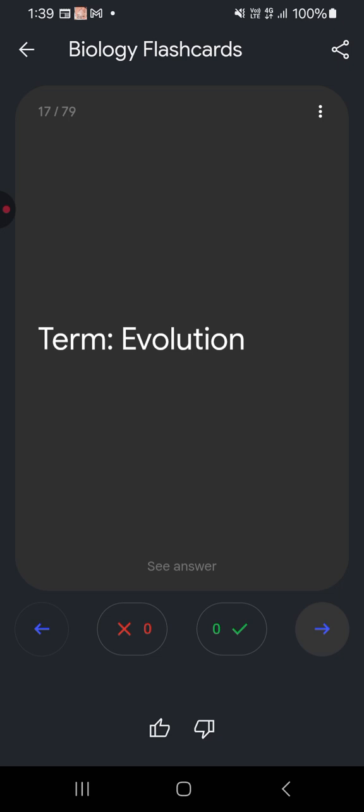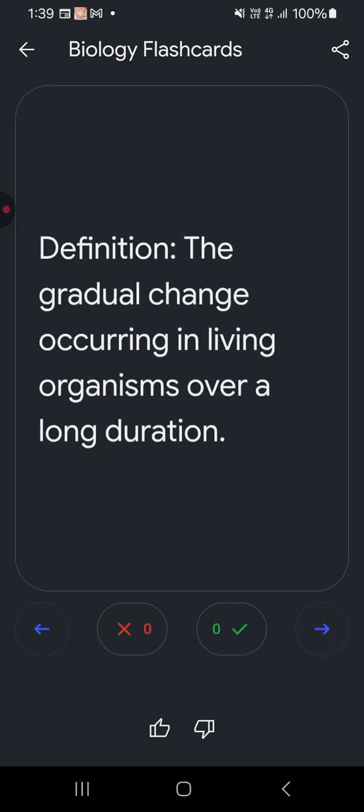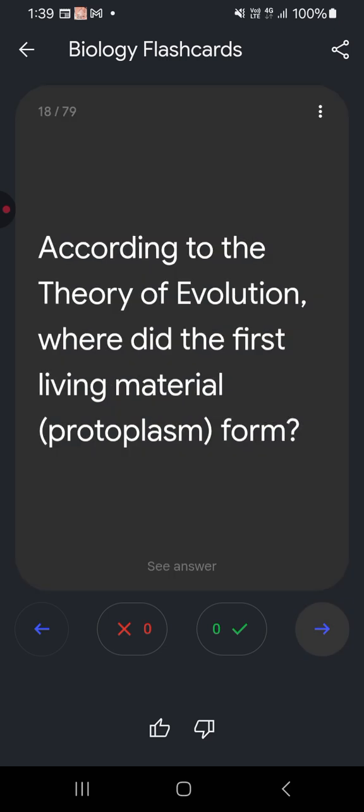Define the term evolution. The gradual change occurring in living organisms over a long duration, over millions of years. According to the theory of evolution, where did the first living material or protoplasm form?